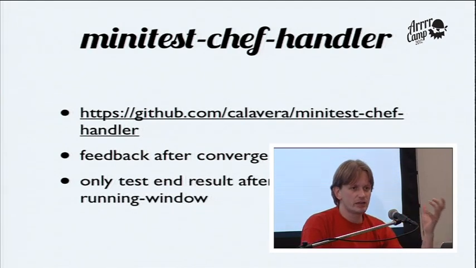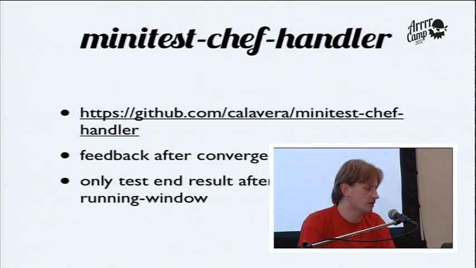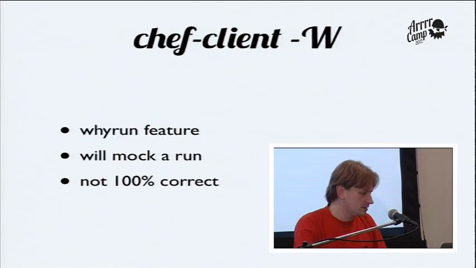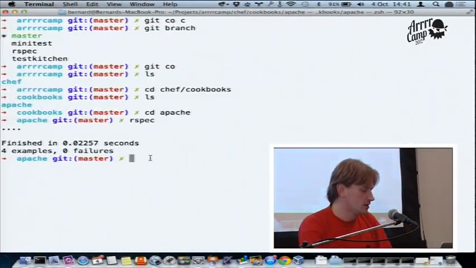So you still have access to all the nodes and the attributes and everything that was changed. You still have access to all the resources, and you can test those resources and query them and see if everything works. You can also query the machine itself as it is running on a machine. So you can actually say, this Apache 2 server, is it really running there? Not, is it installed and asked to start, but is it actually running?